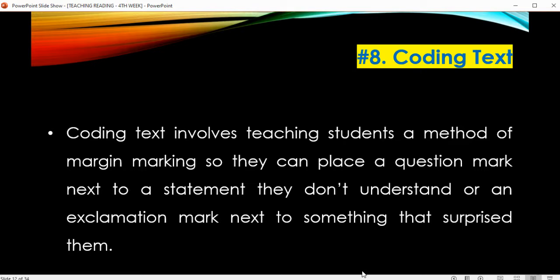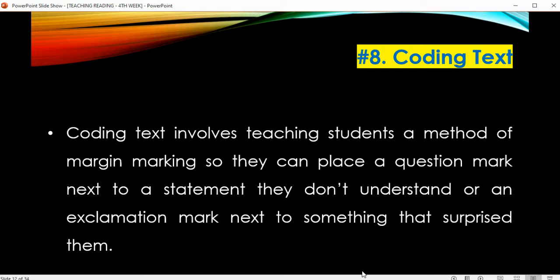So notice, they're going to read the text and they are going to use some markers, in order to see if they understand, or maybe this information is new for them and it's surprising. All right.